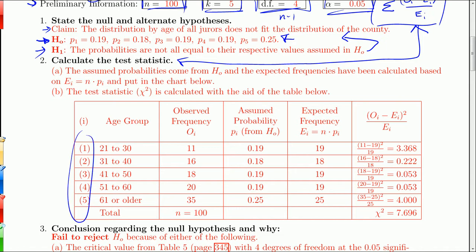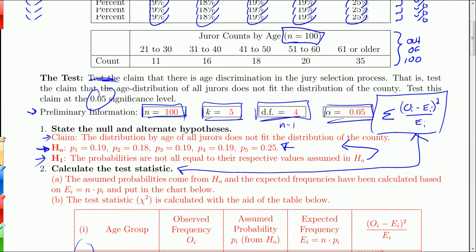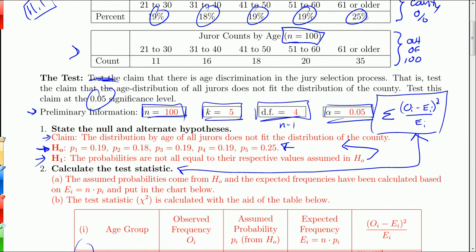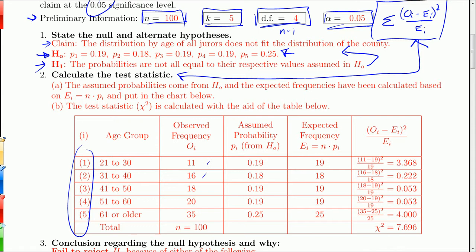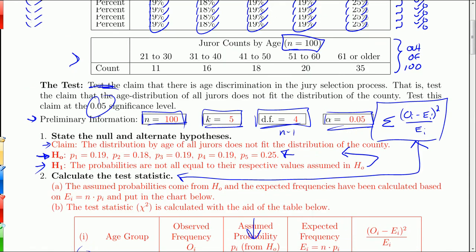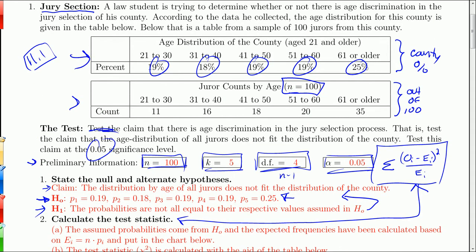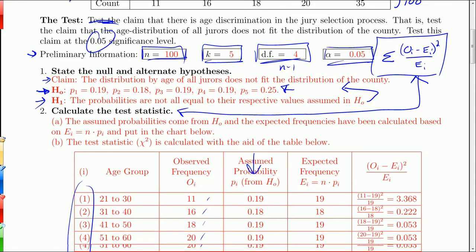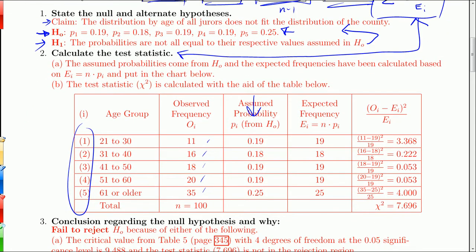The observed frequencies come from this second table: 11, 16, 18, 20, and 35. The assumed probabilities based on the proportions from the county are 19, 18, 19, 19, and 25%. In terms of probabilities, or decimals, we get these.